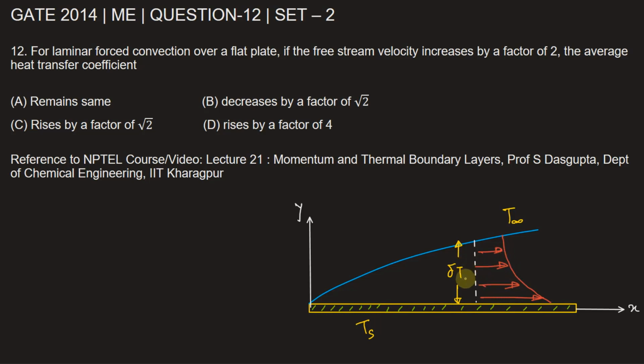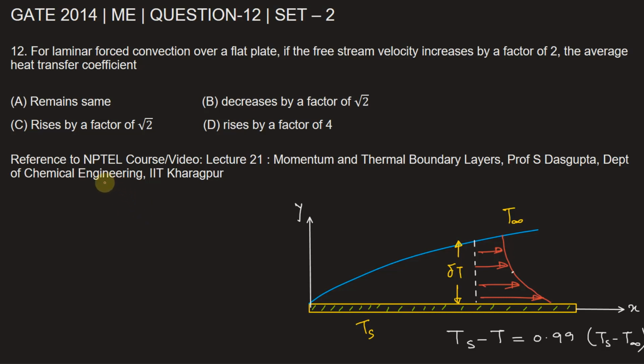Delta T represents the laminar thermal boundary layer thickness over a flat plate, and this can be obtained using Ts minus T, where T is the temperature at any location, equal to 0.99 times the surface temperature minus the free stream temperature.